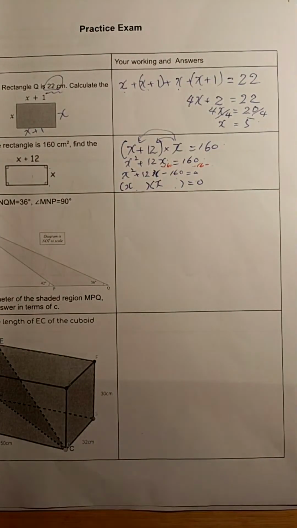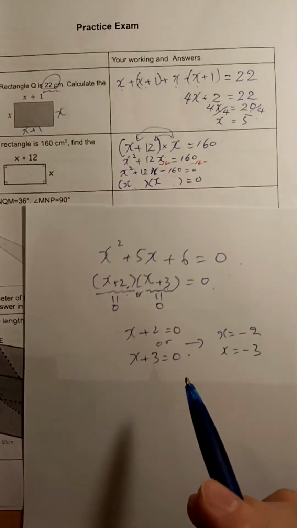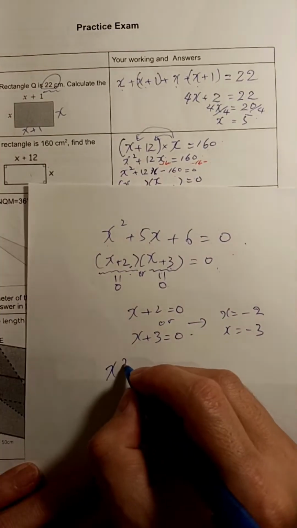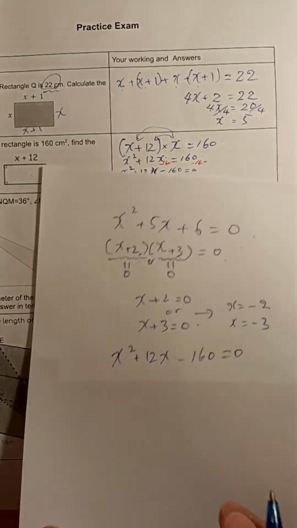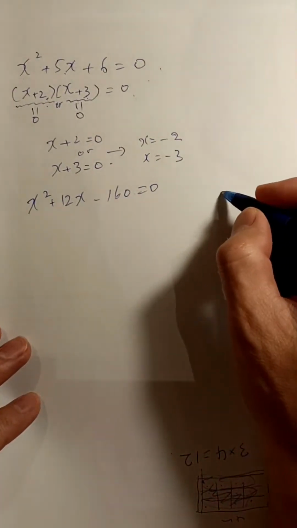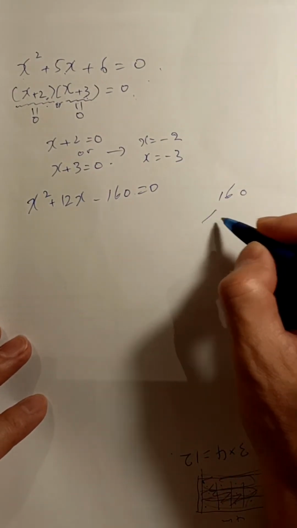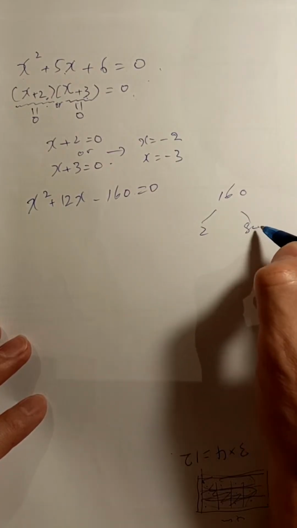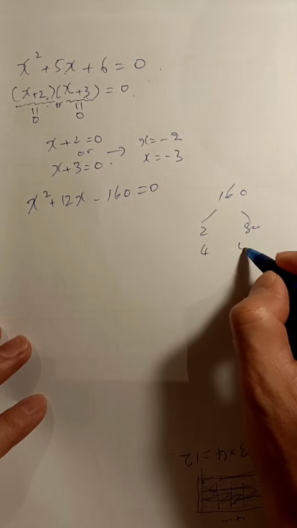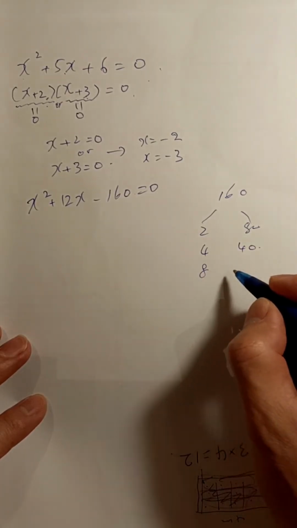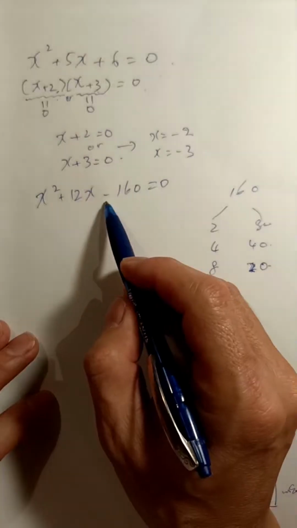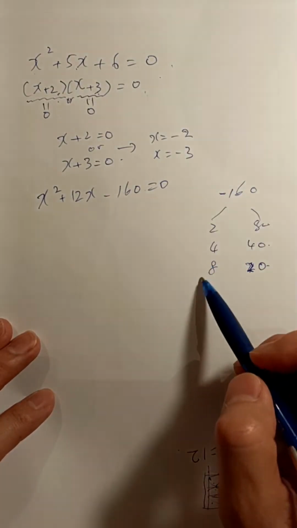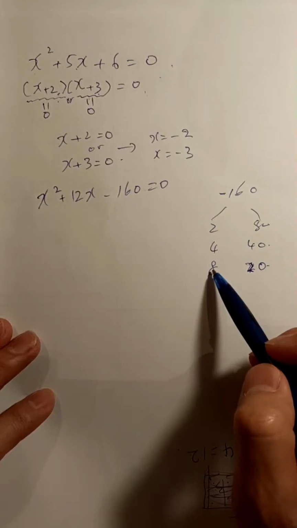So if you think of it, right, I just copy this one down. x squared plus 12x minus 160 equals 0. And then 160 is like 2 times by 80, or 4 times by 40, or 8 times by 20. And then because this is negative, one of the numbers must be negative, okay?